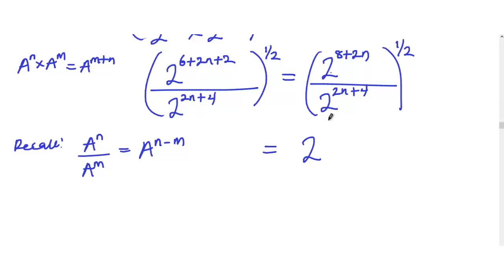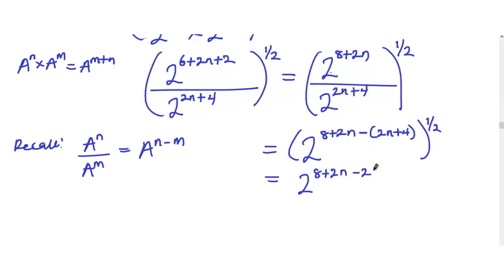So this one will now return 2 raised to the power, let me rearrange. Instead of 8, let me still leave it that way. 8 plus 2n, then minus everything in brackets 2n plus 4, right? Then everything raised to the power of half. So this will now give us 2 raised to the power 8 plus 2n minus 2n, then minus 4, right?